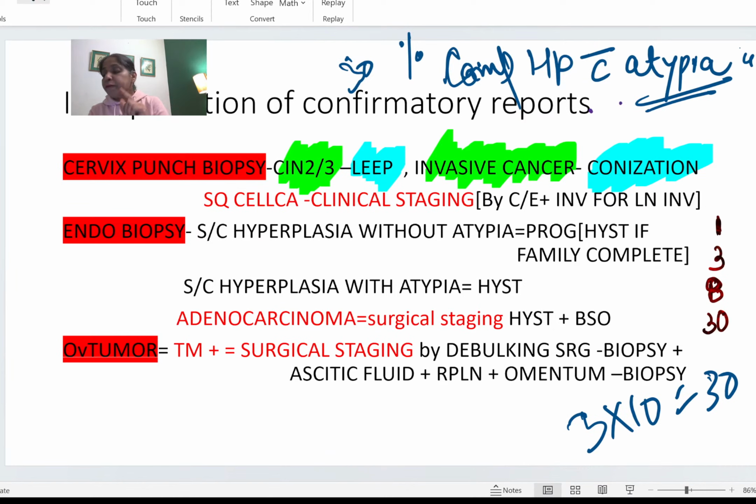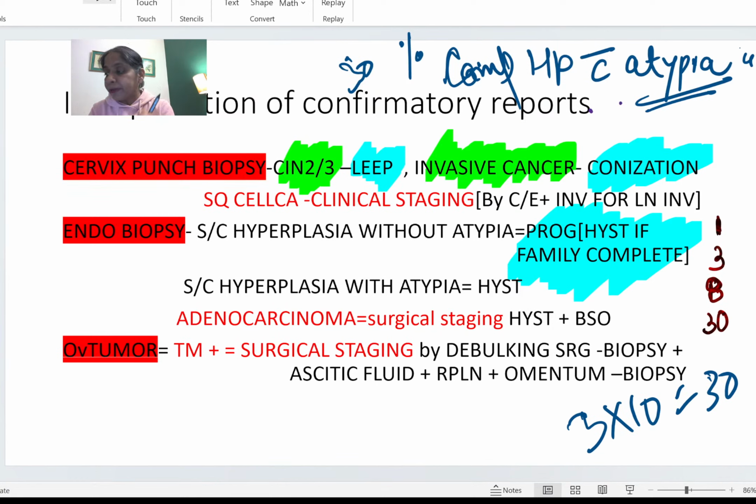If there is no atypia, then the treatment is progesterone. In CA cervix, the treatment for the pre-malignant lesion was LEEP.